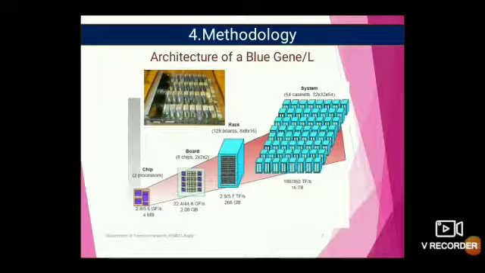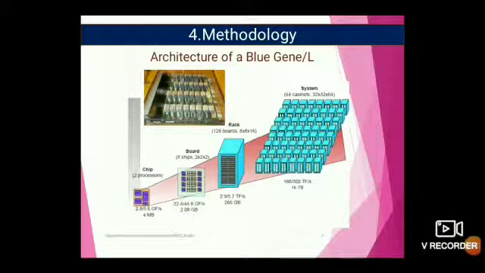Now, methodology. This is the architecture of Blue Gene, and in the methodology we will discuss the architecture of Blue Gene L. The architecture consists of the chip, that is 2 processors. Processors are used for interpreting computer commands and performing basic operations. It also consists of the board.